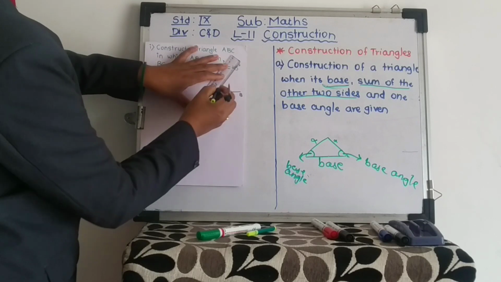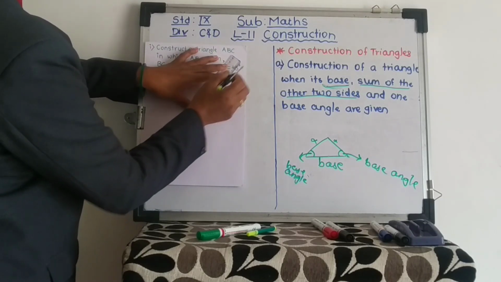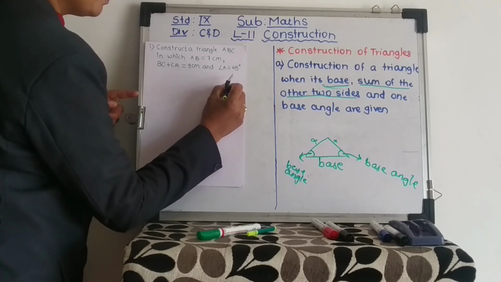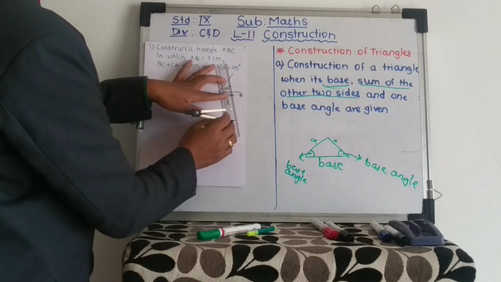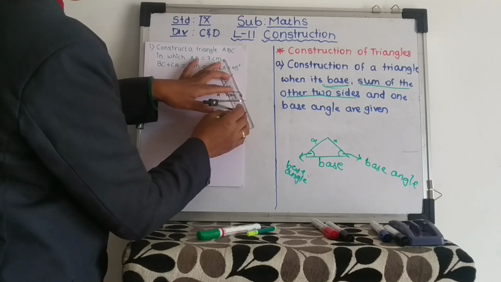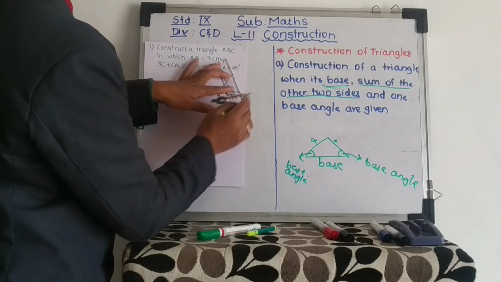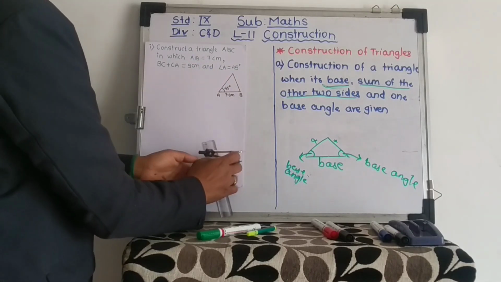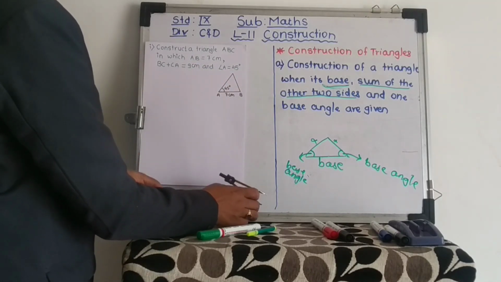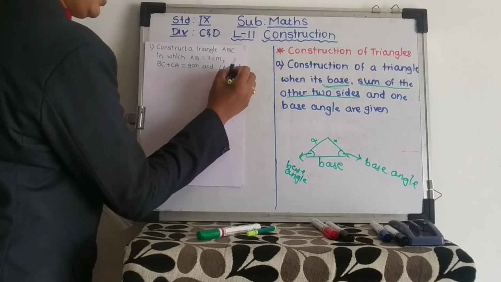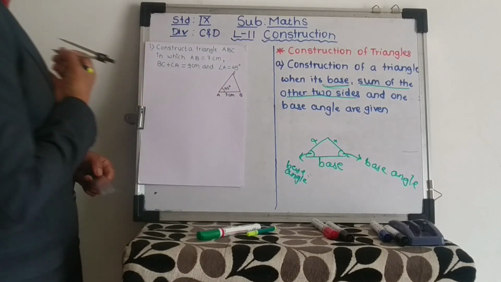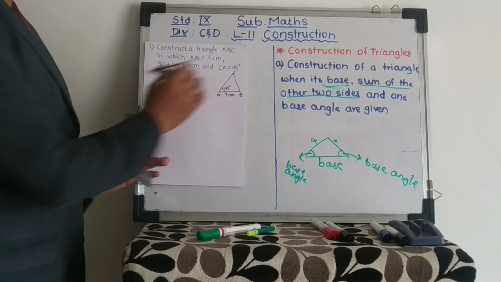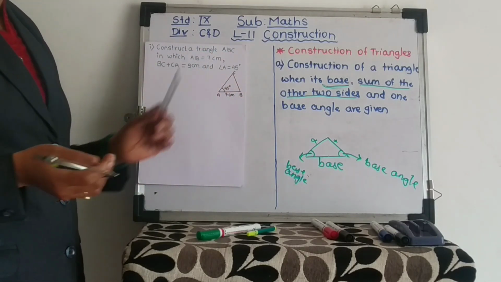Then we draw the 45 degree angle at A, and BC plus CA will be somewhere like this. BC plus CA we are not able to show exactly. Just for my understanding and your understanding, I have drawn the point C here. Actually, how we will get this point C, let us see.